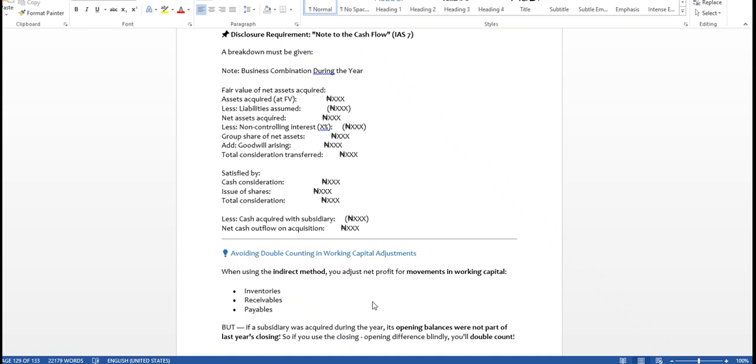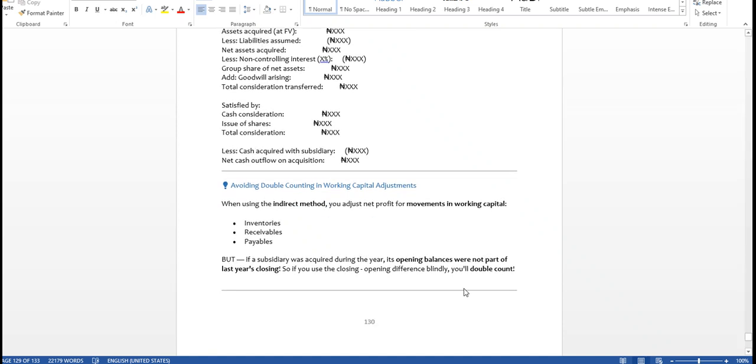In the same vein, we have it here. But when you have a subsidiary, if your subsidiary was acquired during the year, your opening balances are not part of the last year's closing balance. For instance, if my opening balance for this year in my inventory is 5 million naira, and during the year I acquired a business that had an opening balance of 1 million naira. At the beginning of the year, January 1st, my opening inventory is 5 million.